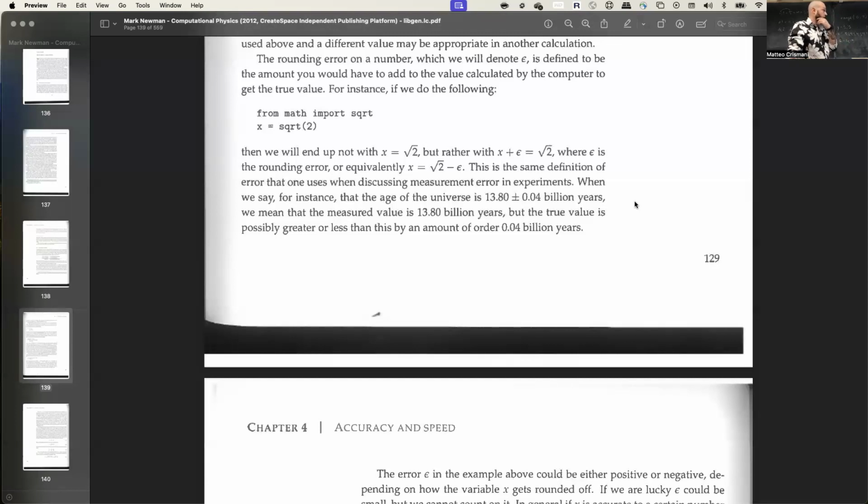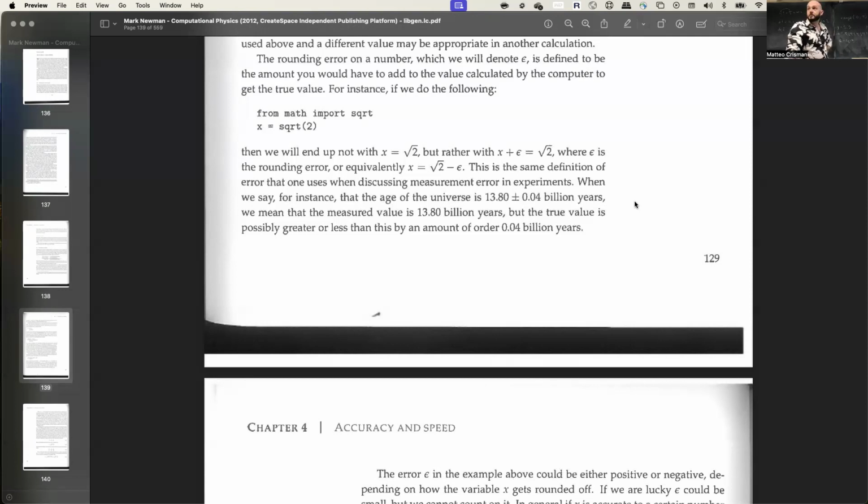Because Python would take the square root of 2 up to the 16th significant figure, we want to incorporate the error. So we add epsilon. So x plus epsilon would give you the actual value of the square root of 2. So to figure out x, x is equal to the square root of 2 minus epsilon.